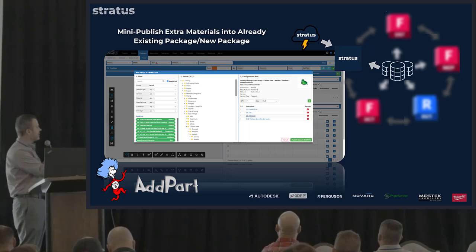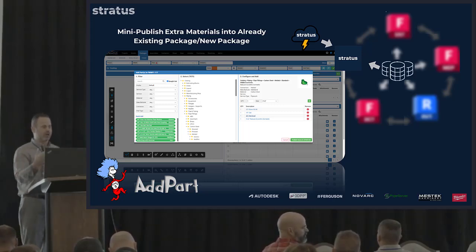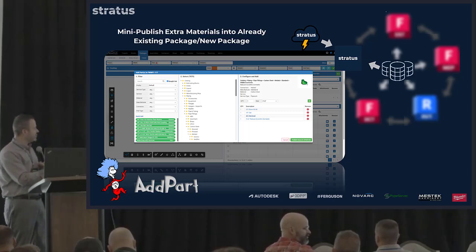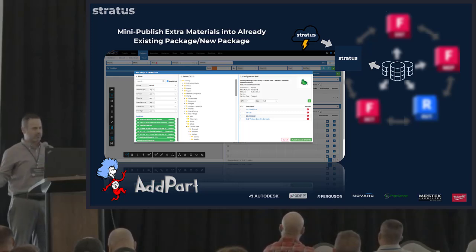So he doesn't have to browse this catalog constantly. He just clicks here and clicks quantity and add. Bam, bam, bam, bam. He's done. This takes maybe 5 minutes. 5 minutes longer than I want it to take, right? But it's a 5-minute mini publish of parts into a BIM model that has already been done. Yep.